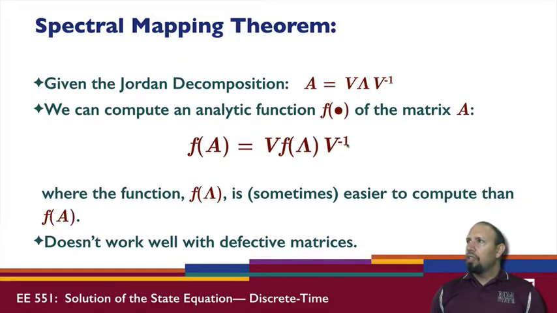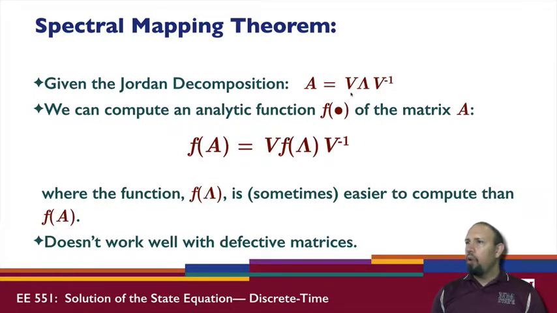This is the trick that we're going to use in the spectral mapping theorem. Actually, there's a much more powerful version of the spectral mapping theorem, but this is the method we would use. The whole reason for this is that the function f of lambda is much easier to compute than the original function.